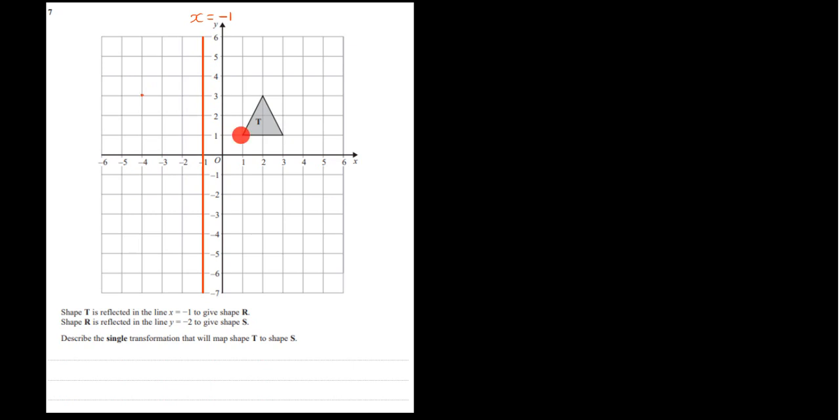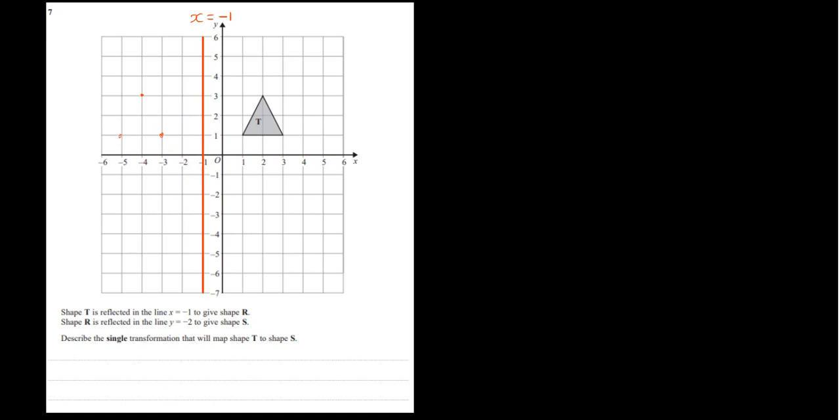Similarly, we're going to go 1, 2 jumps here. So 2, 1. That's my second point. And then the last one is going to be 1, 2, 3, 4. 4, 3, 2, 1.